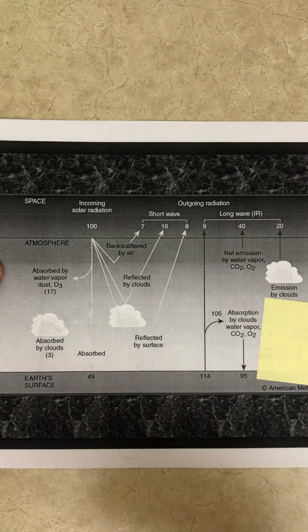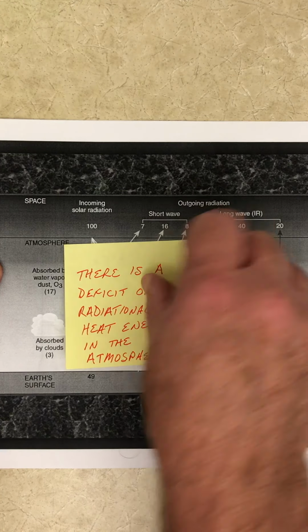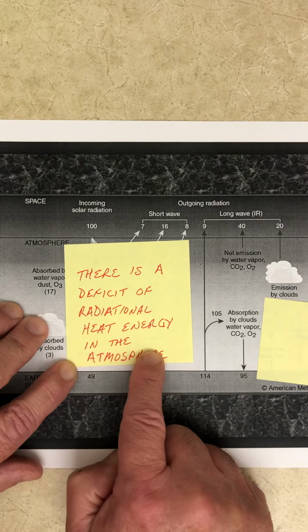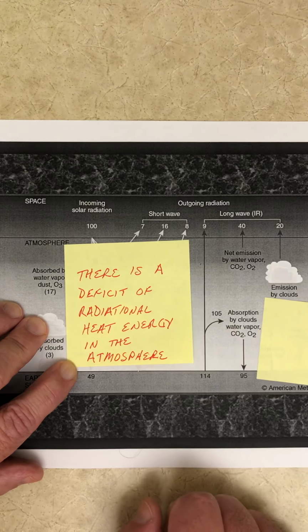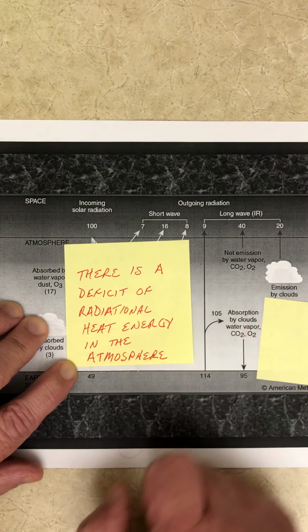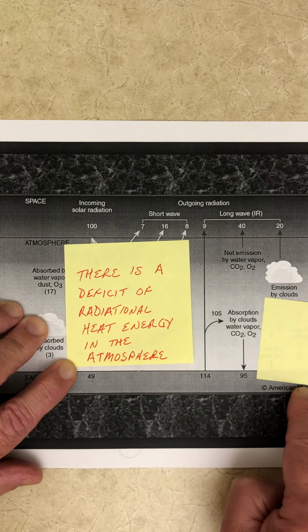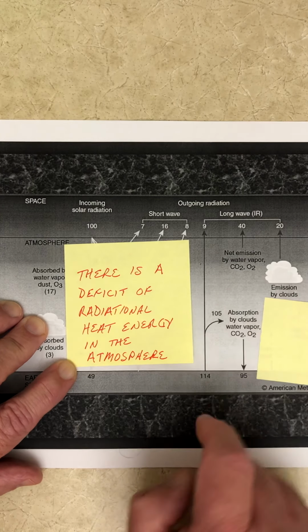And as a result, what we find in the atmosphere itself is that there's a deficit of radiational heat energy in the atmosphere. Balance at the top of the atmosphere, surplus at the surface, and a deficit in the atmosphere.